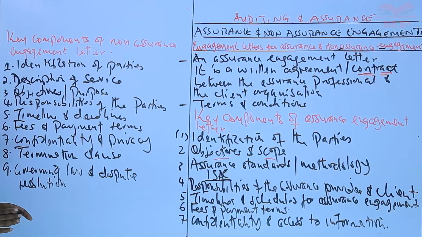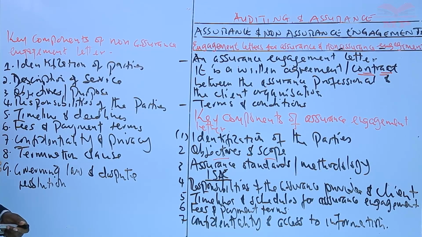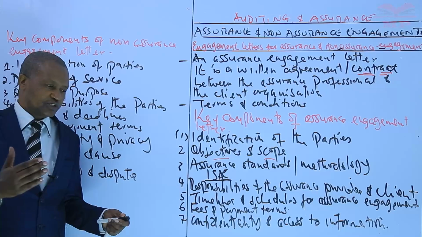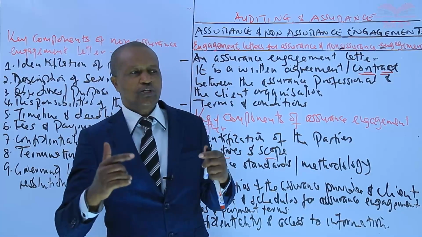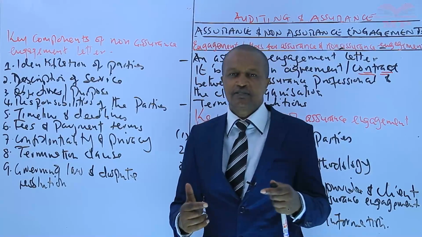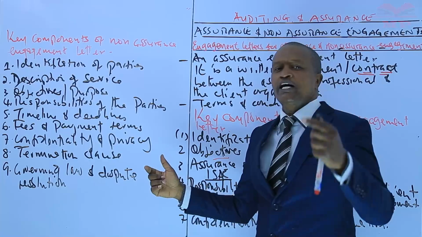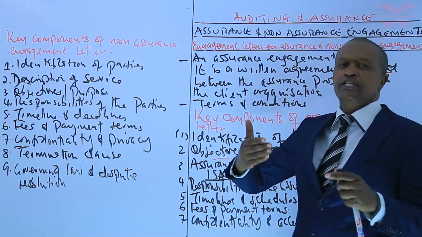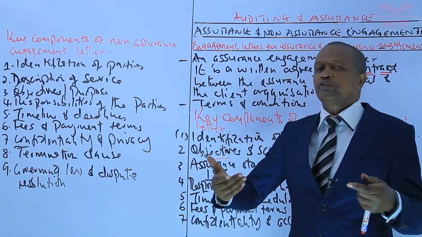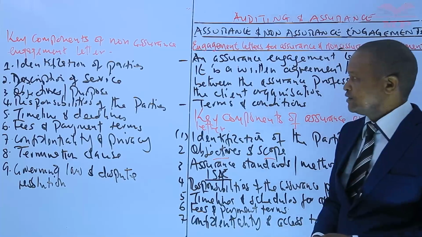So that's all we can say about the non-assurance engagement letter, but it's important to note as we close that the non-assurance engagement letter serves as a formal agreement that outlines the terms, the scope, the expectations of non-assurance services to be provided.